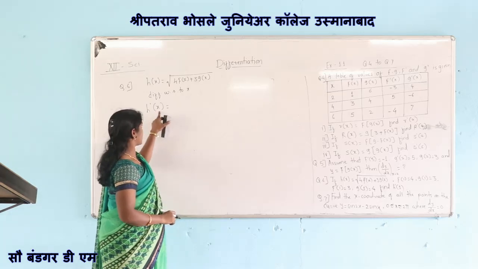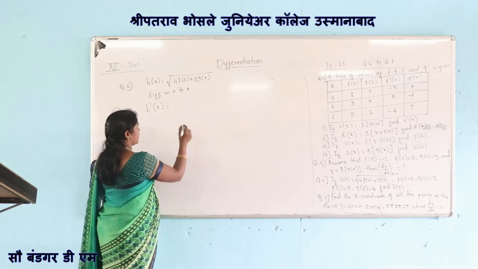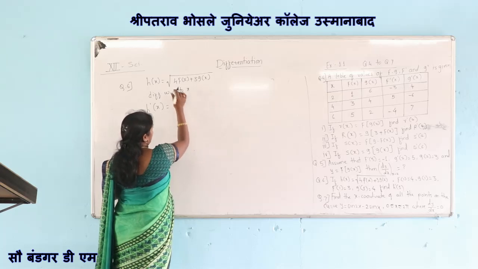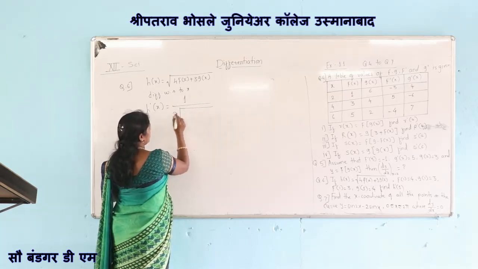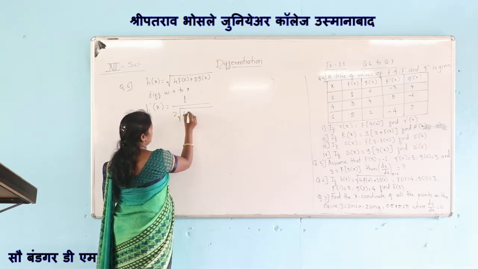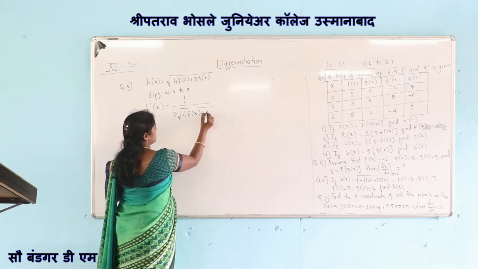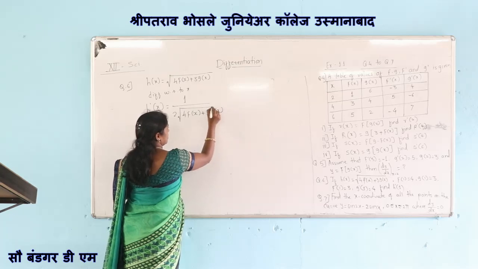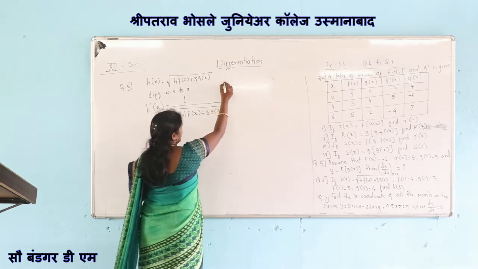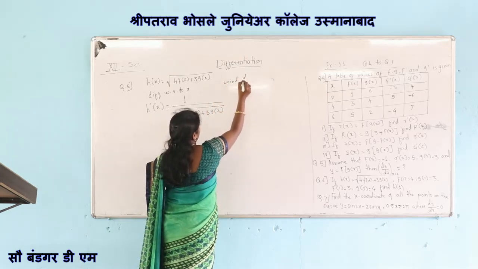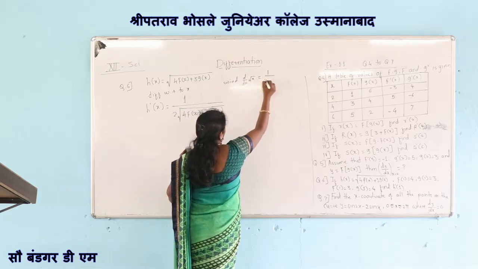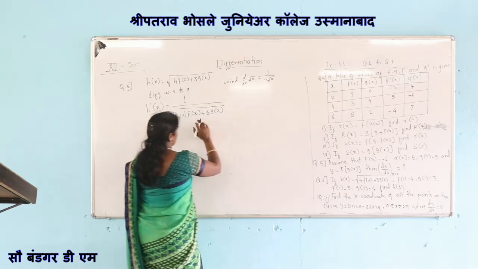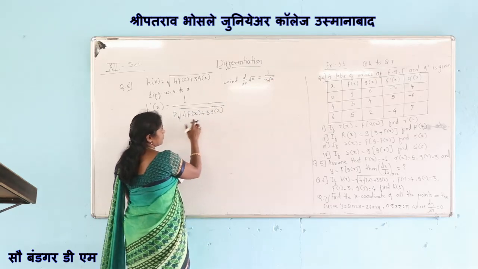Here we use the formula for d by dx of under root x, that is 1 upon 2 under root of x.